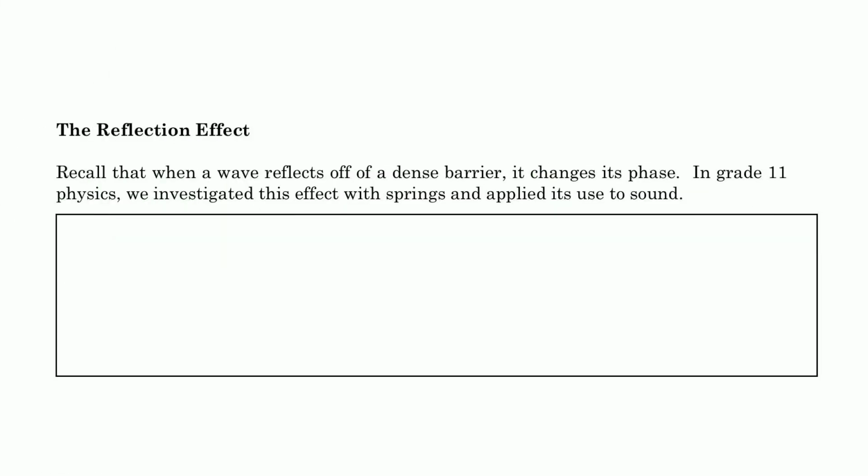The other place that a phase shift can happen is from a reflection. We talked about this a little bit in grade 11. When a wave reflects off of a barrier, it can either change its phase by half a wavelength, or it can maintain its phase. We investigated this a little bit with springs and applied it to sound.